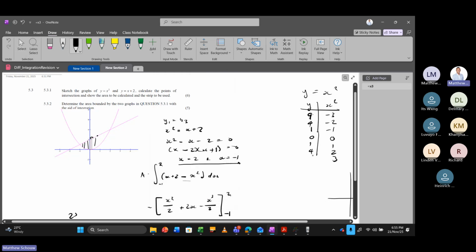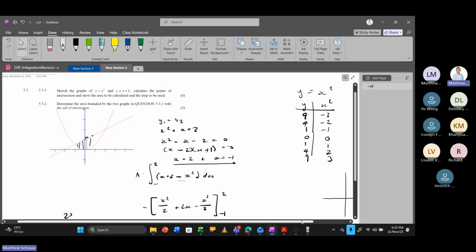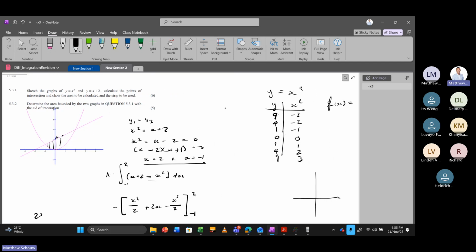So for this graph, our points are: x is -3, y is 9. This one is -2 and 4. -1 and 1. Then 0 and 0. 1 and 1, 2 and 4, and 3 and 9.